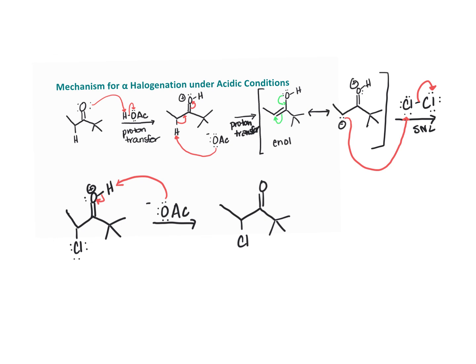And this will not happen again because what happens here is you end up with some electron withdrawing effects from this chlorine here, and it destabilizes any nearby positive charges. So you can't protonate this carbonyl group again, right? Because we get electron withdrawing effects from the chlorine, right?